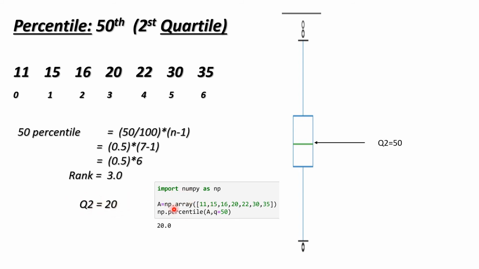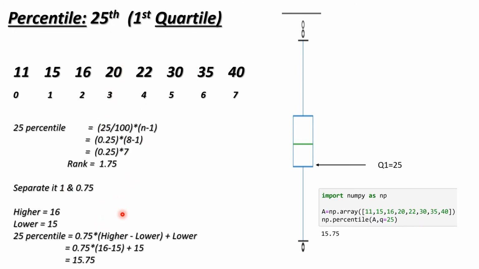And you can see here that I have calculated it in the Jupyter notebook, and I have taken the same elements that we took over here, and I have calculated the percentile, that's 50, right? So we got 20. Hope this will make sense, guys. If you have the index present over here, then you can take that value. If you don't have it, then you need to take the higher value and lower value, and then you have to calculate.